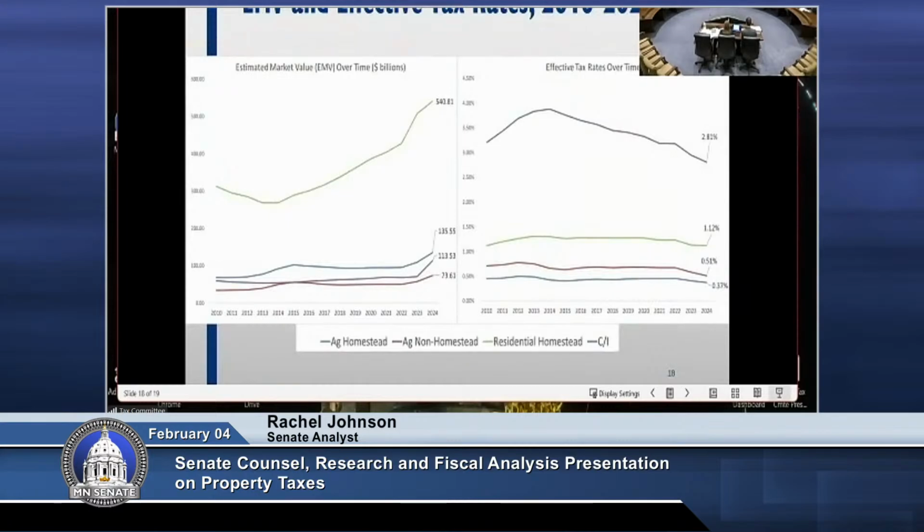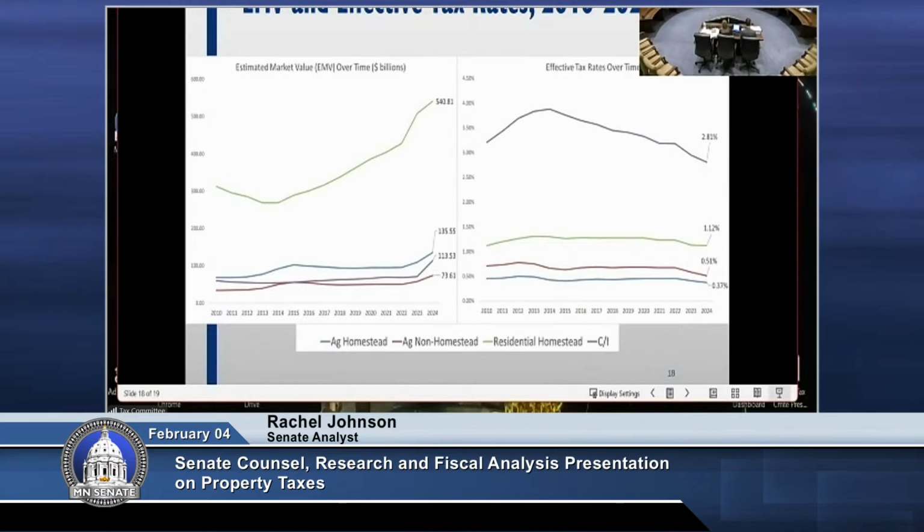Finally, this last slide has two graphs that show trends over time for 4 types of properties. Residential homestead is in green, agricultural homestead, which includes ag homestead and land, and the ag homestead HGA, so the house, garage, and surrounding 1 acre of land, is in blue, CI is in purple, and ag non-homestead is in red.